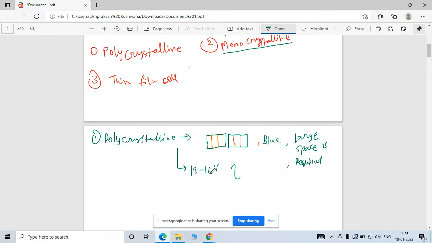Multi crystal silicon layers are present in that.